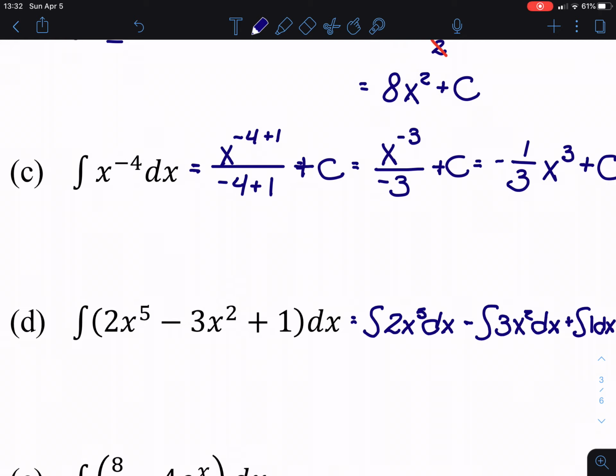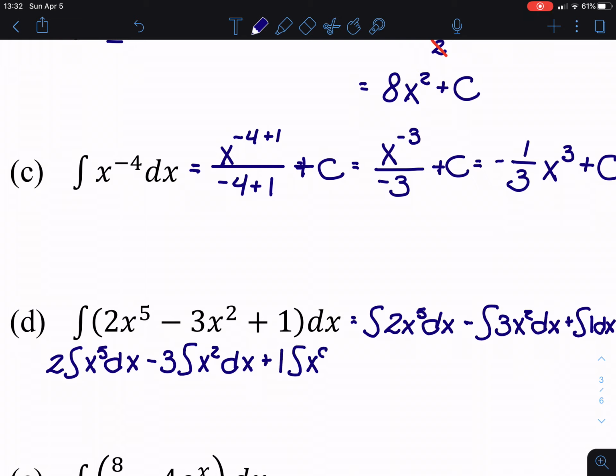So what this becomes is 2 times the integral of x to the 5th dx, minus 3 times the integral of x squared dx, plus, and when I factor out the 1, remember I'm taking the integral of x to the 0 dx.